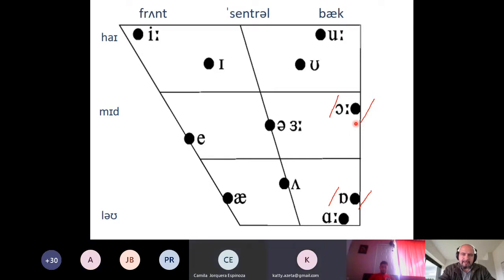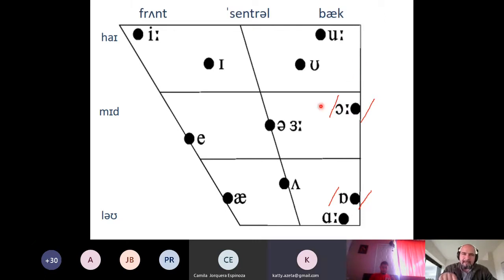In the first vowel quadrilateral. Okay. We're going to see that there are many different vowel diagrams, and each one of them will be describing a specific accent.